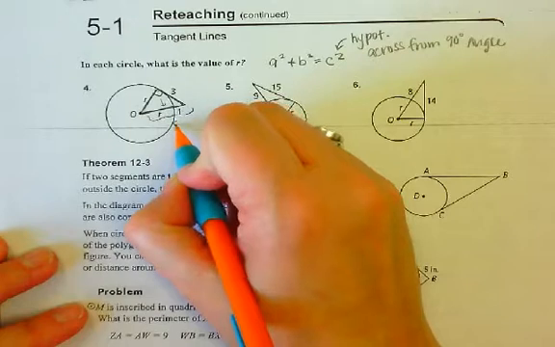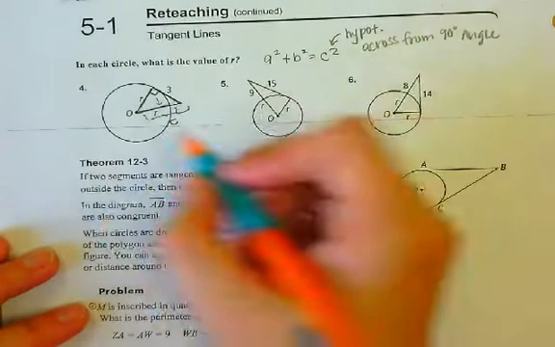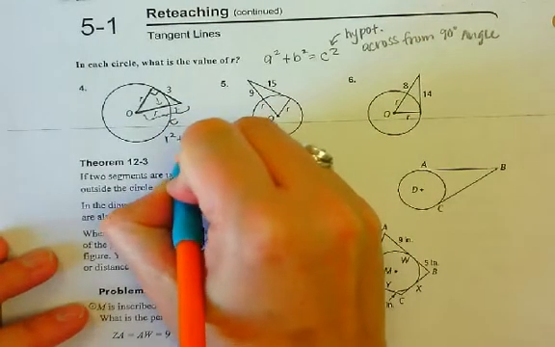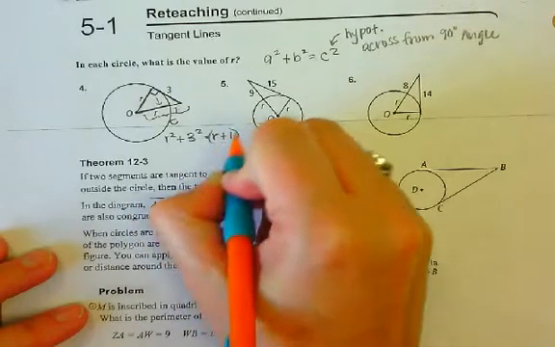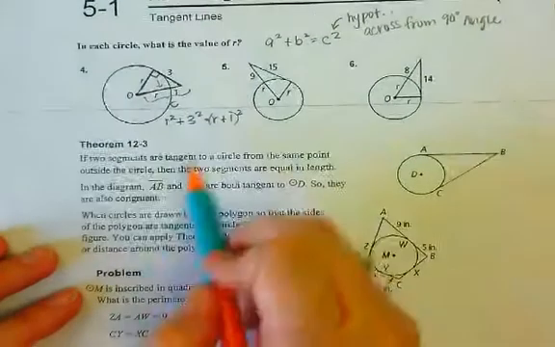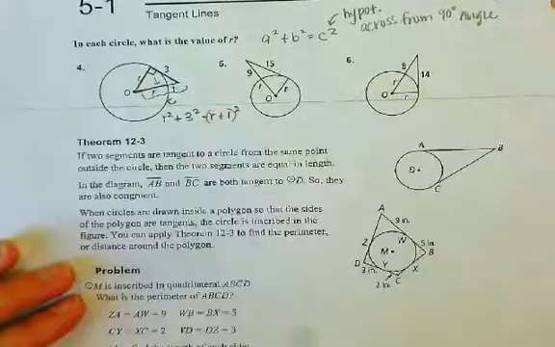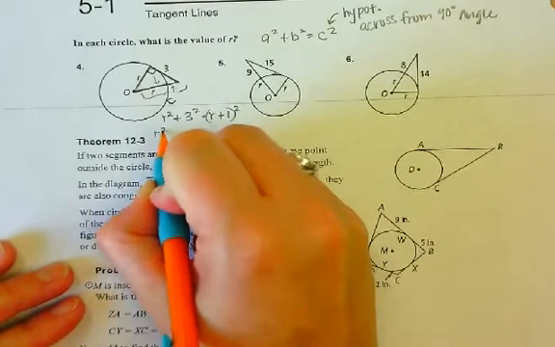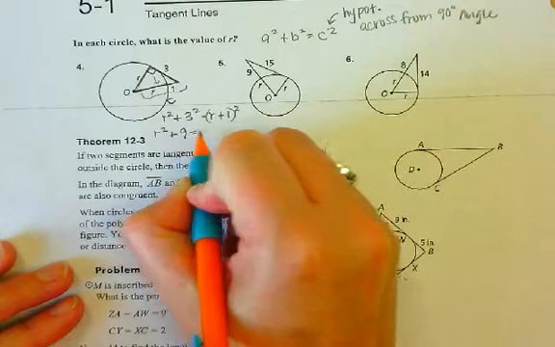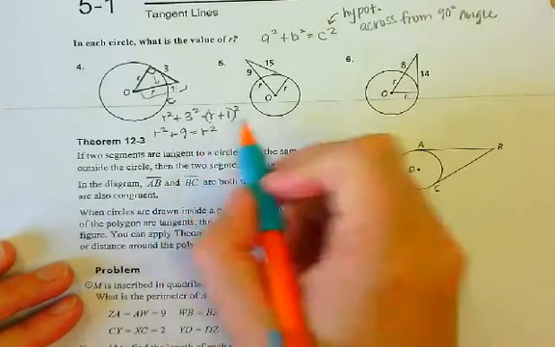So that means that this side here is my c value. So that gives me r squared plus 3 squared is equal to (r plus 1) squared. Notice that I put the r plus 1 in parentheses and the squared portion is on the outside. So now I need to simplify to solve for r.